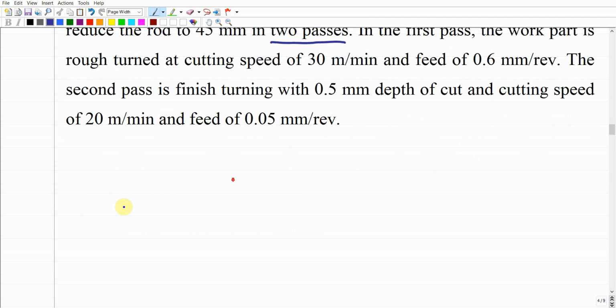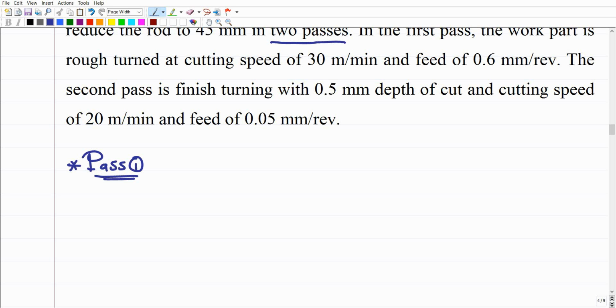So how can we do it? Your objective is just to extract the input data, or the given data, for pass 1. Then you have to work over pass 2 as well. Define the things that you need for pass 1 and pass 2. You need to know the depth of cut for pass 1, the feed for pass 1, and the cutting speed for pass 1. The same thing for pass 2, like you set up two separate problems.